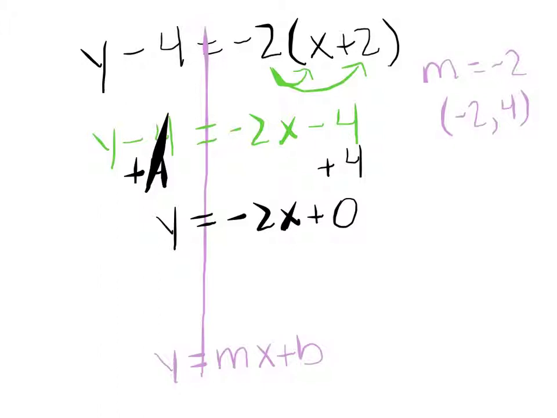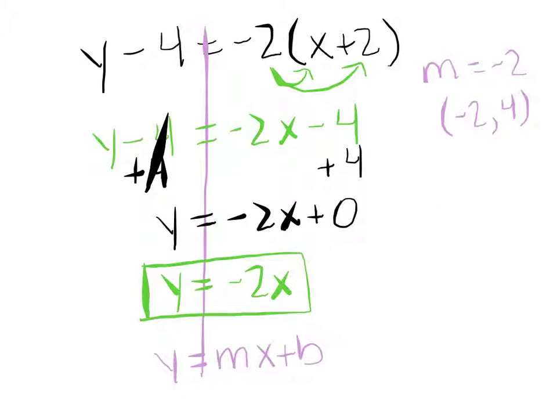But we really don't need to write it that way. We can write y equals negative 2x and be done with that. So that is our slope-intercept form of our equation. Now if we write out what our slope is, it's negative 2, which it should be because that's what we got in point-slope form. And our y-intercept is the point 0, 0. That means it goes through the origin.